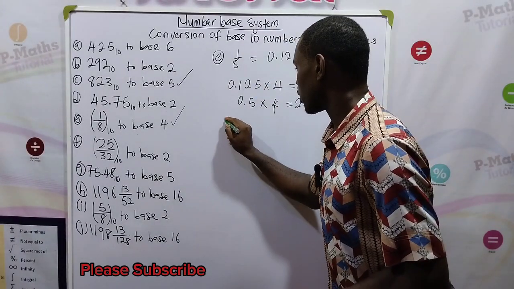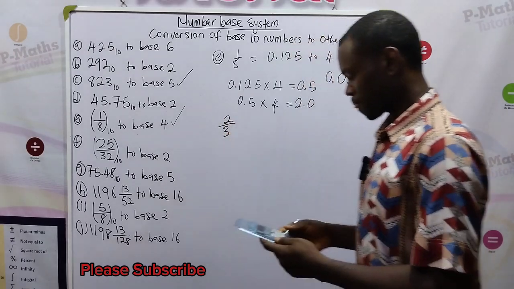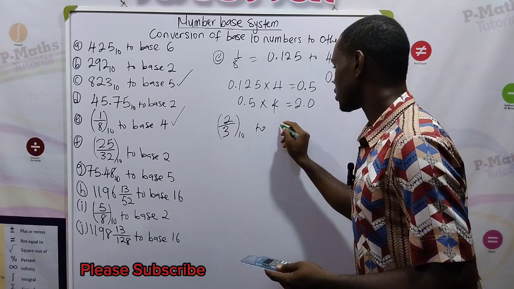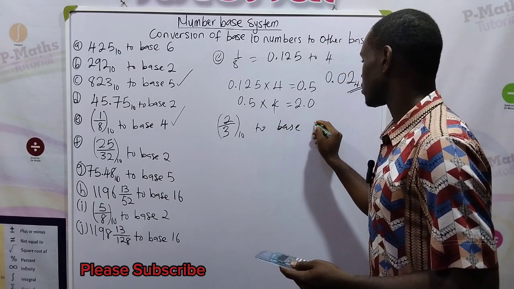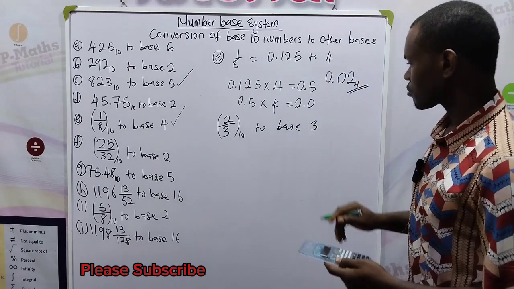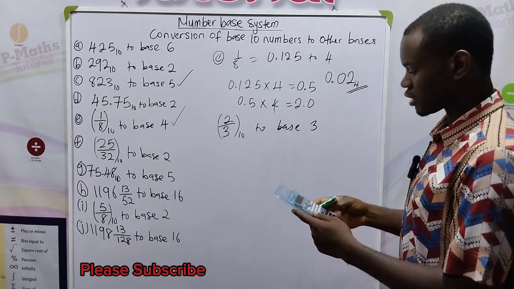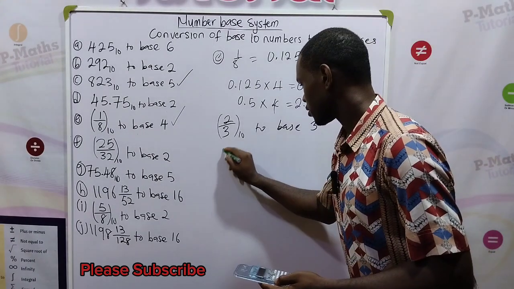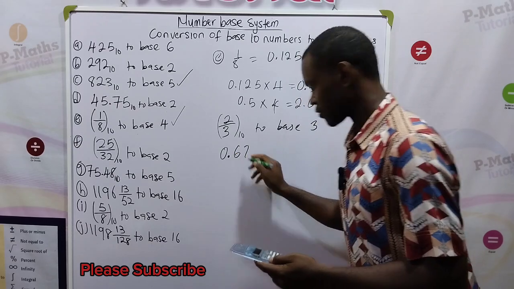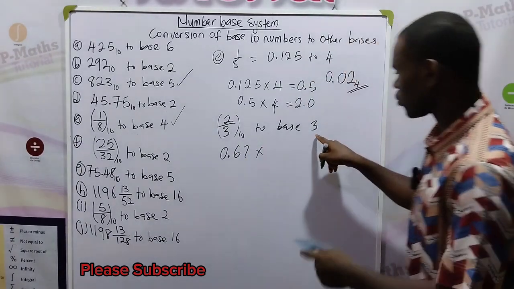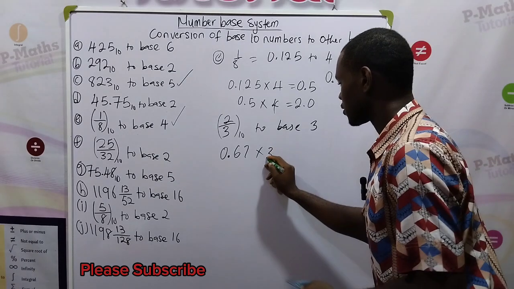Now let's assume we have 2 over 3. So the first thing, and then this is in base 10, we are converting to, let's say, base 3. I'll divide 2 by 3, that is giving me 0.67. So to convert it, we will multiply it by what we are converting to, which is 3.